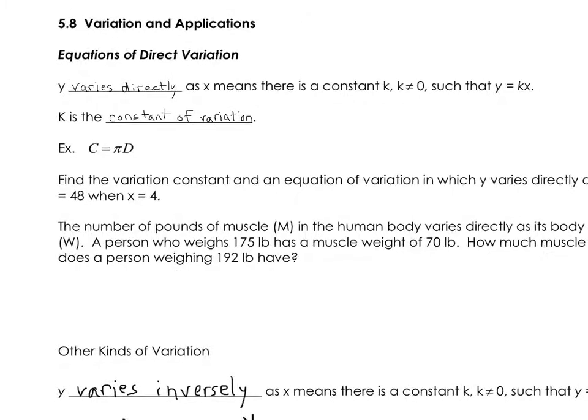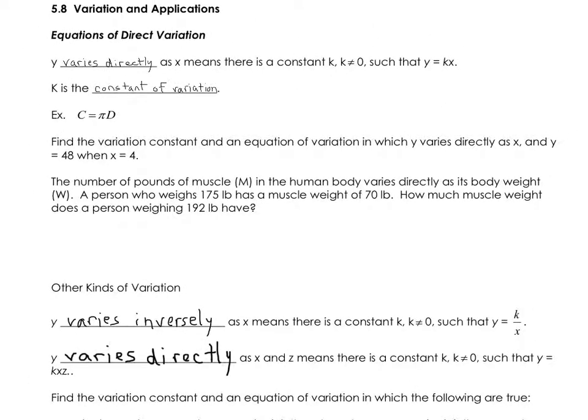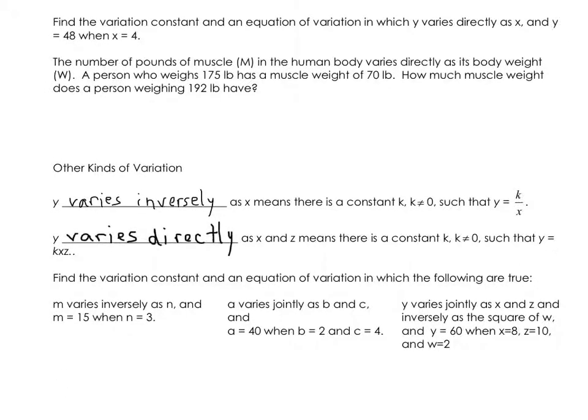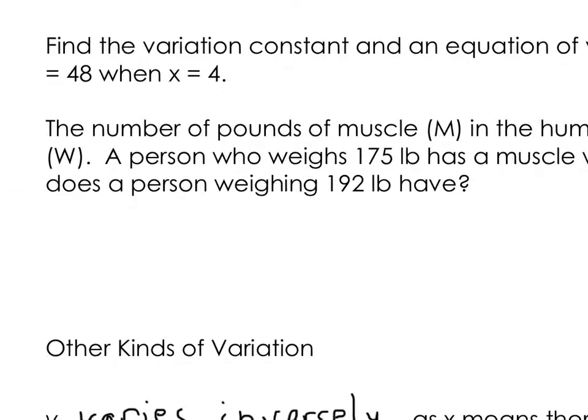Find the variation constant and an equation of variation in which y varies directly as x and y equals 48 when x is 4. So y varies directly as x, and we just found out that means there's an equation describing their relationship, and this is it.